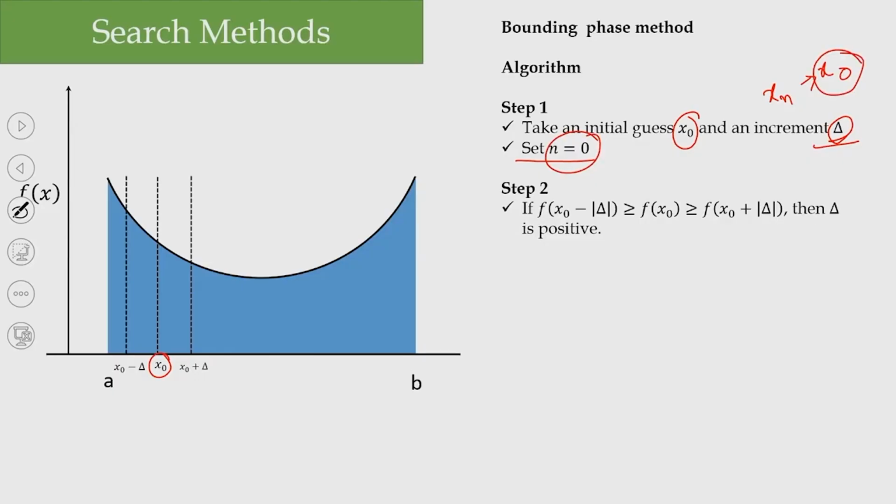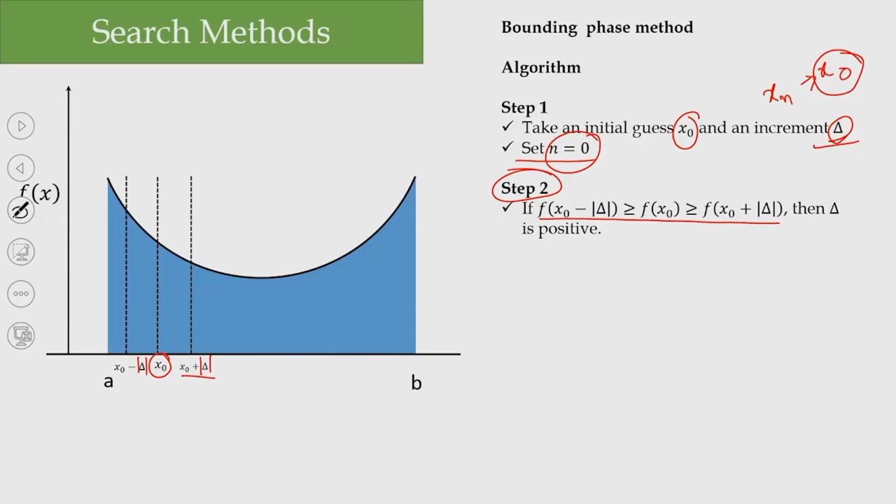Now, in step 2, what are we doing? We are checking this particular condition. We have taken 2 points: one is x naught minus delta, on the left hand side, and one is x naught plus delta, on the right hand side.